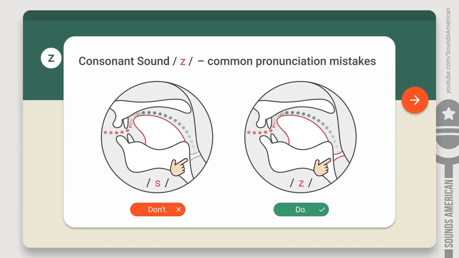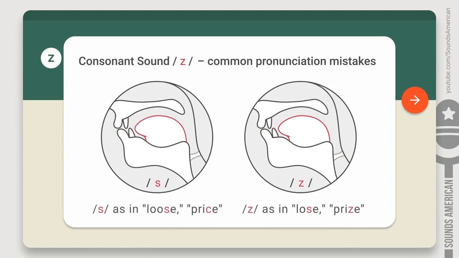Others simply don't realize that they pronounce the voiceless S. Remember, the American Z is never devoiced at the end of words. Compare. Loose, lose, price, prize.